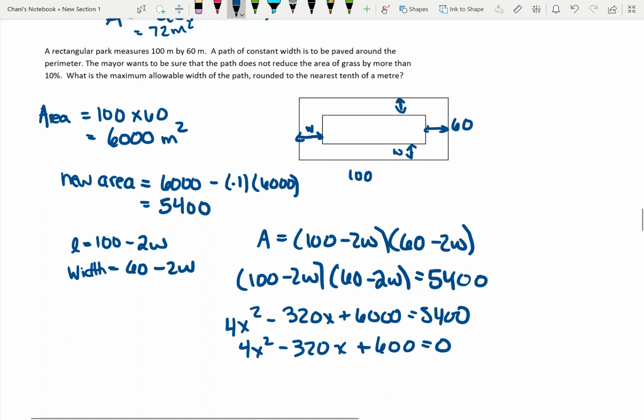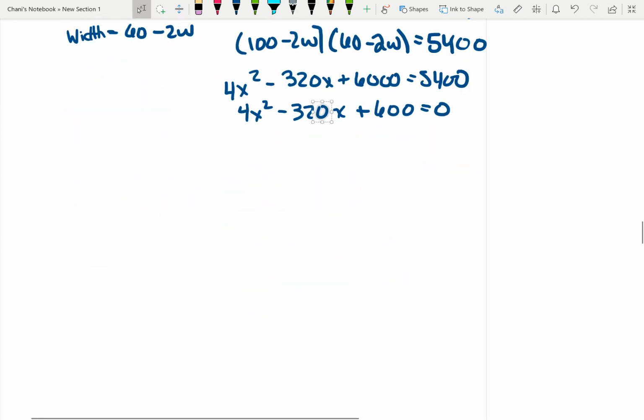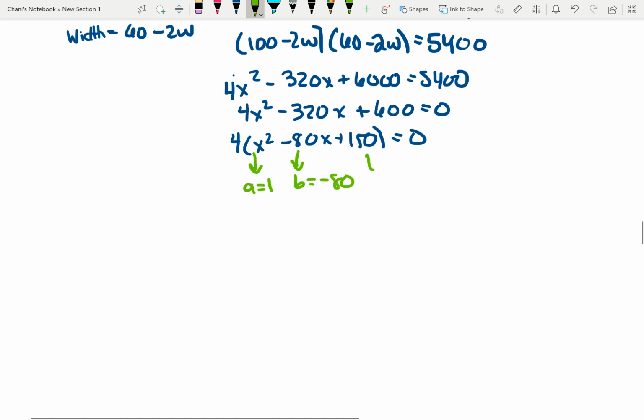Now, we can put this directly into quadratic formula at this point, but notice that I can actually divide everything by 4. Now, the benefit of doing that is just so that I have smaller numbers to put into quadratic formula. So I can common factor out the 4 and then just use the A, B, and C that are here. So my A is 1, my B is negative 80, and my C is 150.